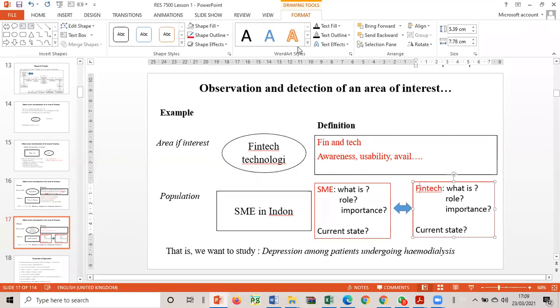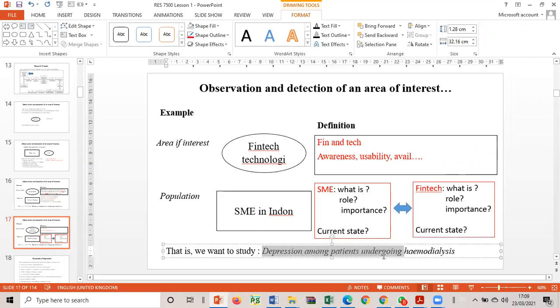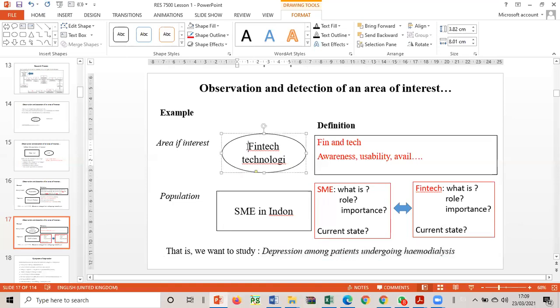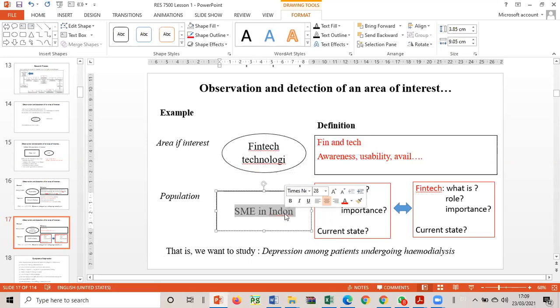Okay? Yes, thank you. All right. So what will your title be? The title: role of fintech technology in Indonesian SMEs, right? Based in Indonesia.